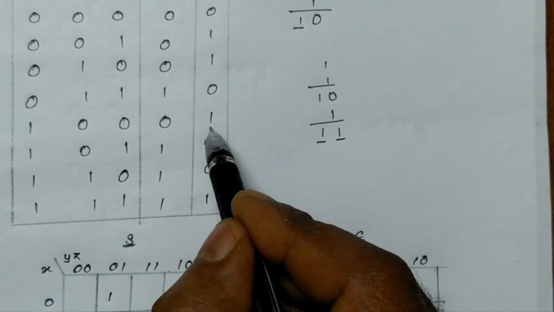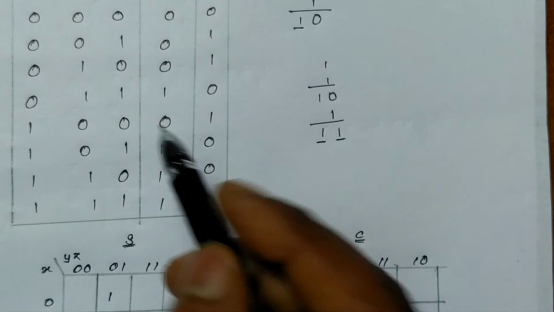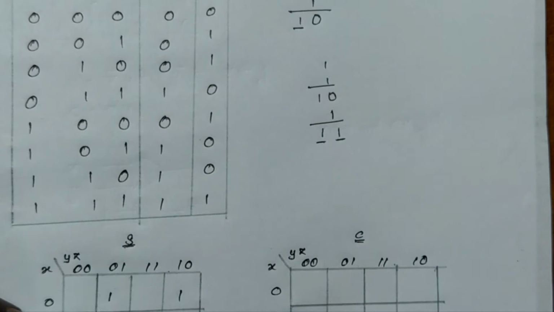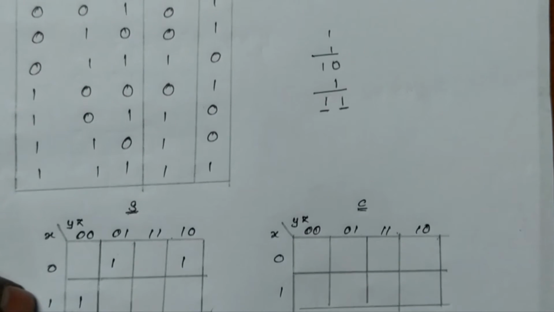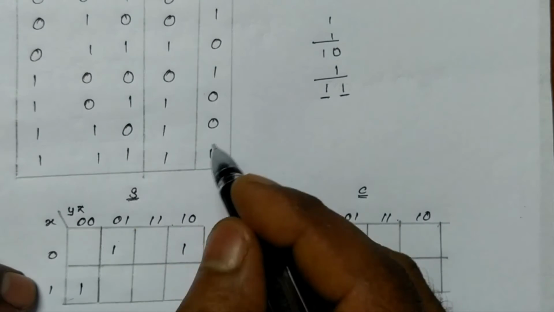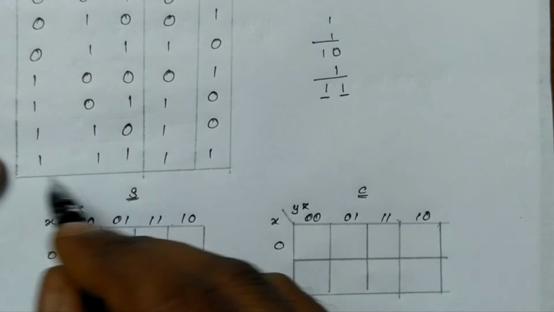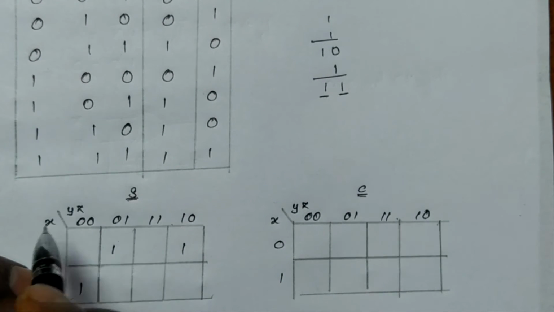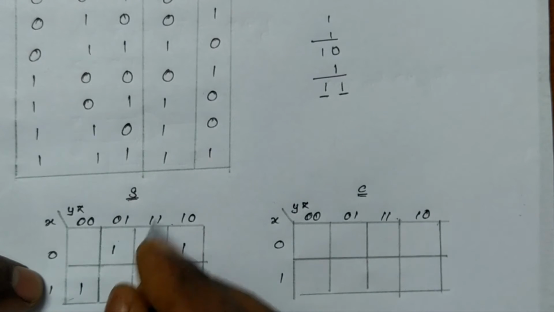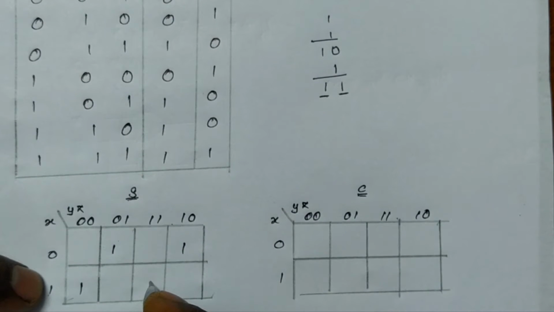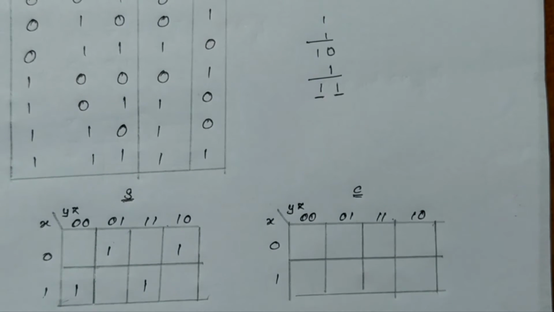Then next one, here it's 1, respective input 1 0 0, therefore here I will have 1. Then the last one, here we are having 1, respective input 1 1 1, therefore this position we are having the value 1.